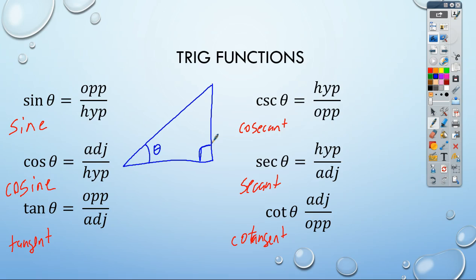So all you have to worry about is right triangles. What they're saying is that the sine of theta is OPP, that stands for opposite. Opposite of theta. Here's theta, and that's opposite. It's across from theta.